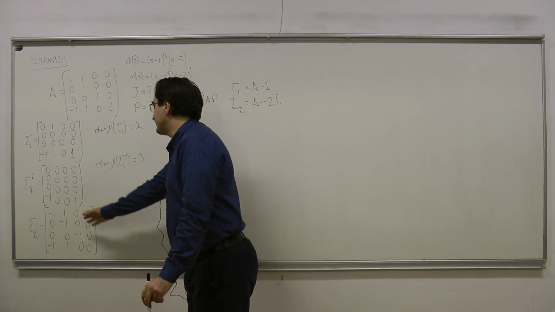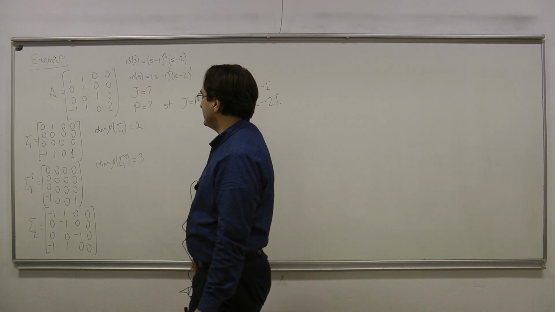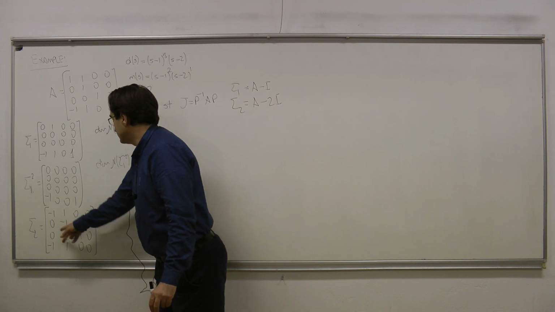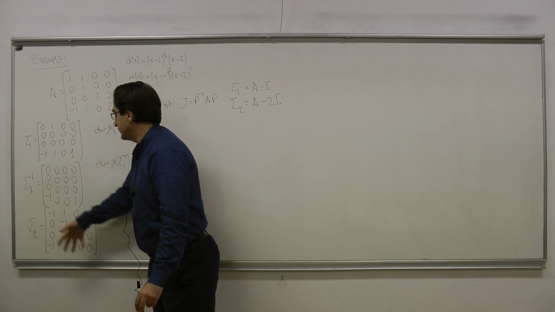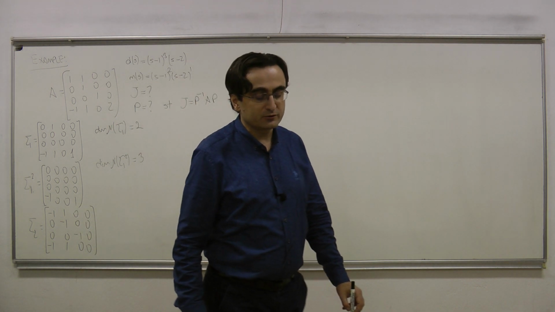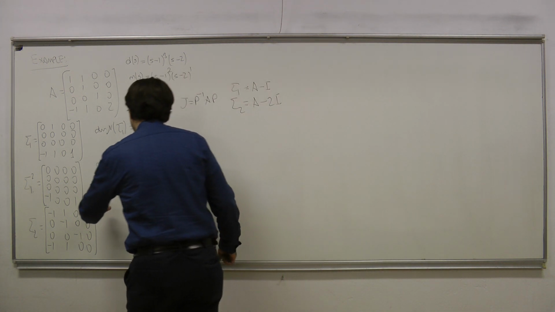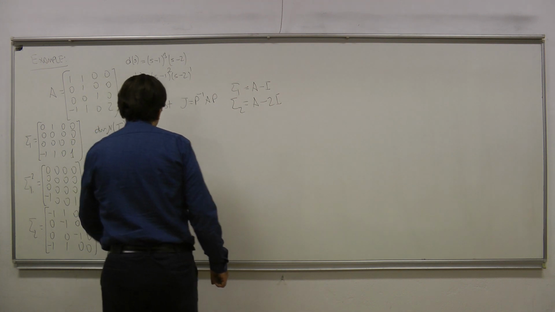How many linearly independent columns does this matrix have? So we see here that this column is linearly independent with this column, and this third column is also linearly independent with the first two. So I see that there are 3 linearly independent columns, meaning that the rank is 3, so the null space dimension is 1. Dimension of the null space of sigma 2 is 1.